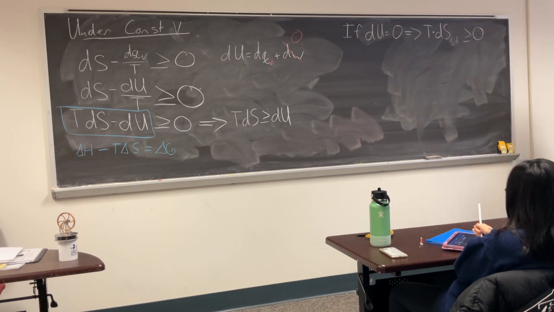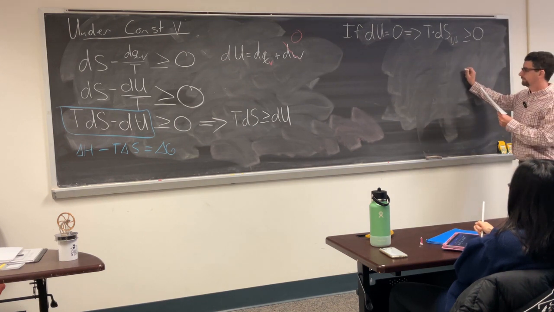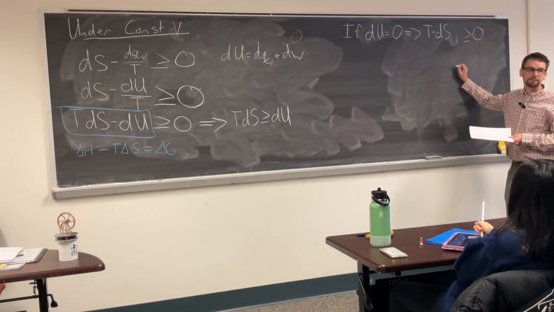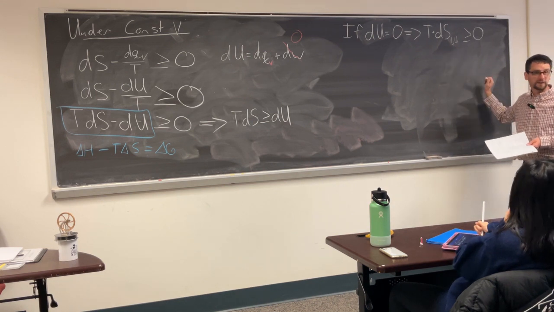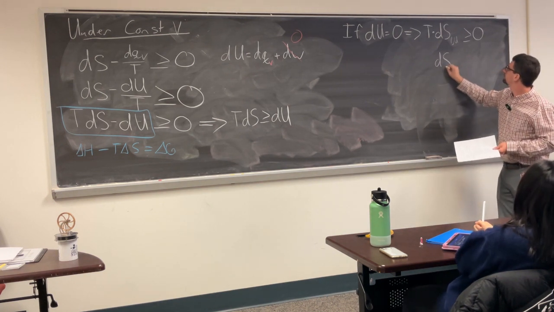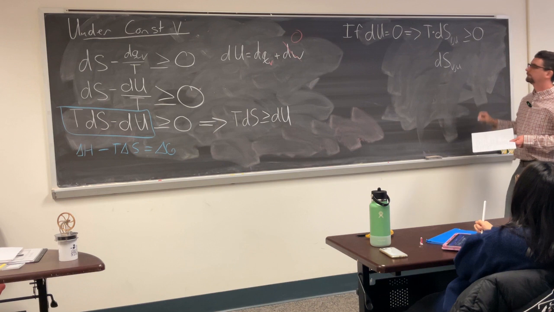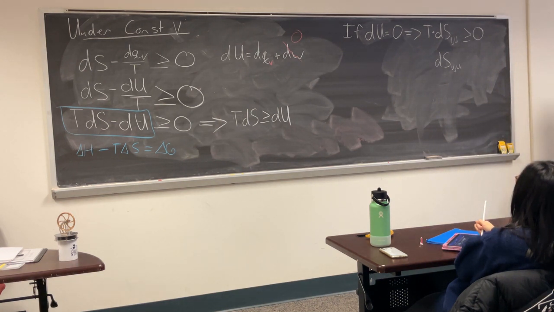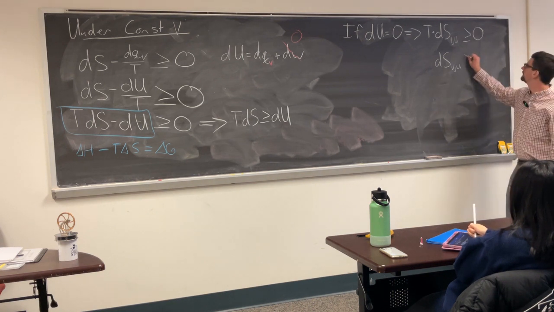What does that mean about ds? Or can I get an expression to isolate just ds? What can I do with that t? Yeah, divide. 0 divided by t? 0.